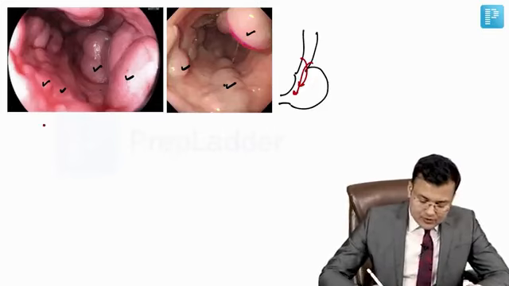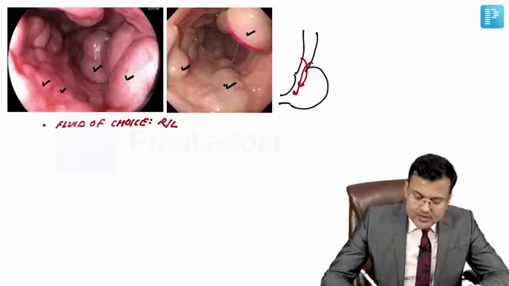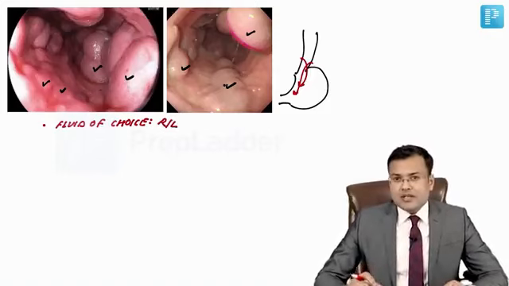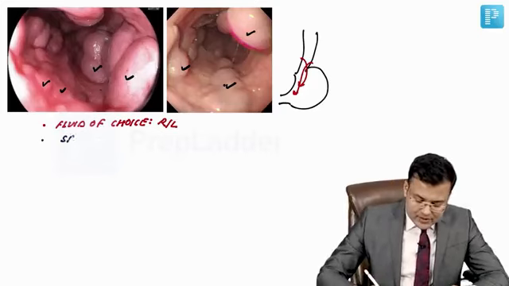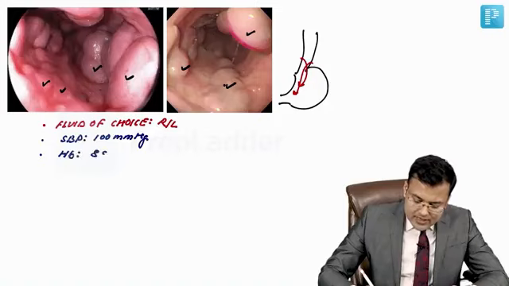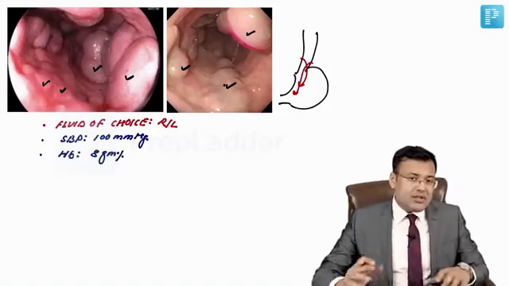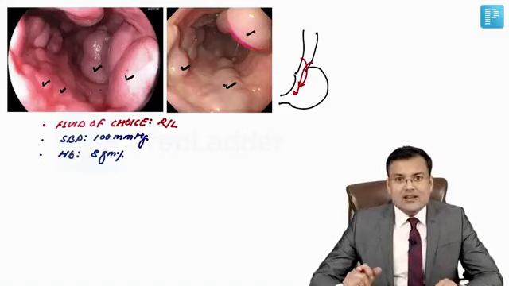The cutoff systolic blood pressure should be 100 mmHg, and the cutoff hemoglobin should be 8 gram%. So what is an indication of blood transfusion in a patient of variceal bleeding? Whenever the hemoglobin is less than 8 gram%.